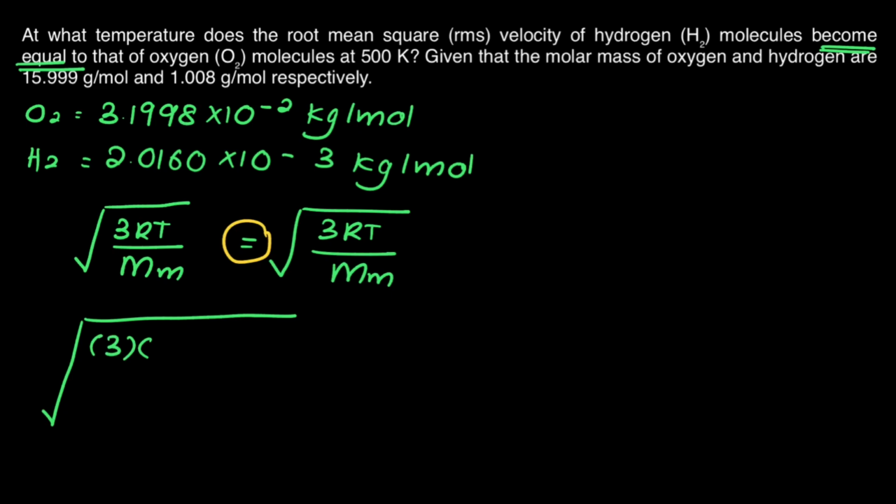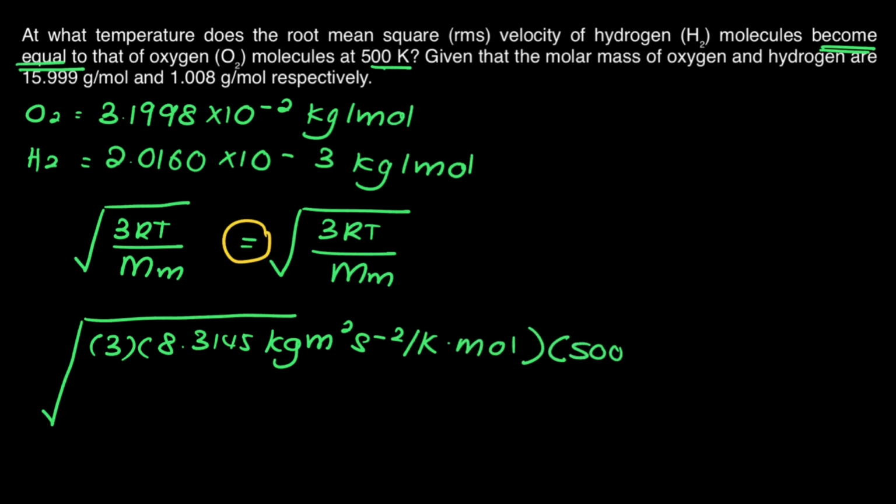Your R is the gas constant. Make sure that you use the correct one, 8.3145 kilogram meter square per second square per Kelvin times mole. This is the unit for R, and your temperature is 500 Kelvin.